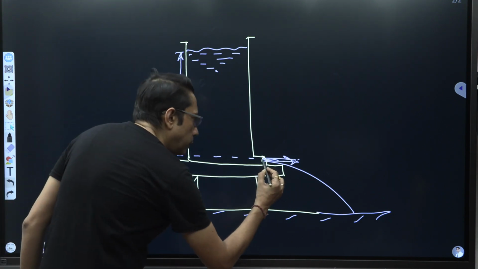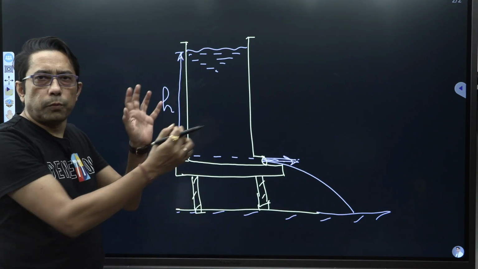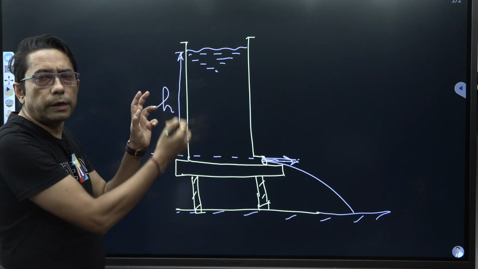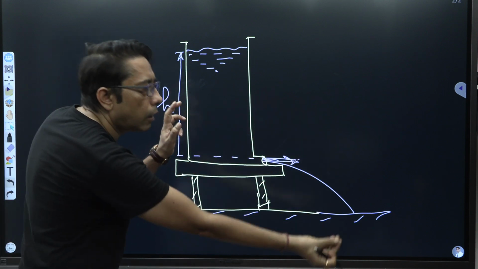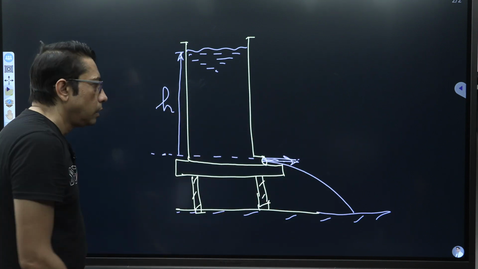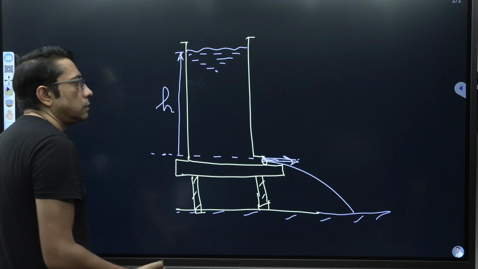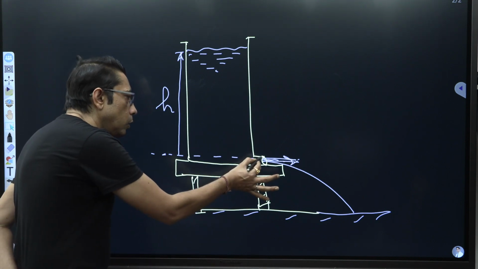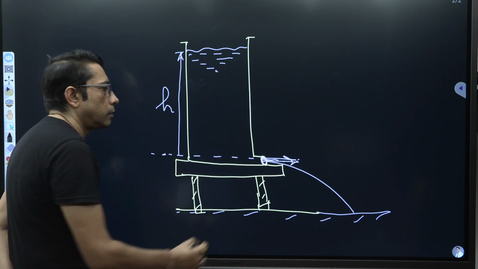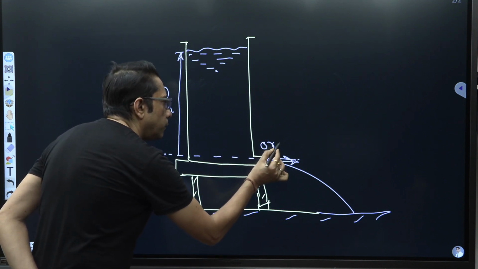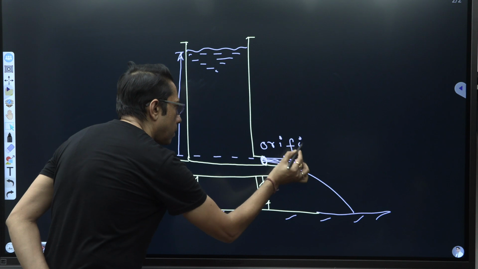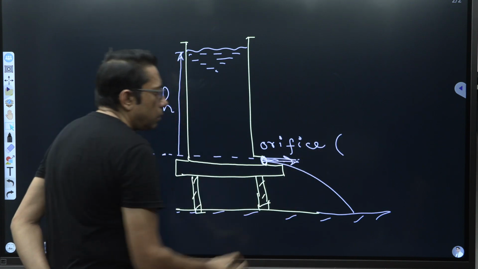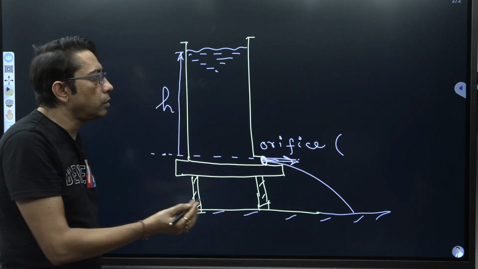So it will flow like this, just common sense. If you prick a hole in a mineral water bottle, you see water coming out like this, just the same thing. This hole at the bottom of this container is called an orifice. So any hole made at the bottom is an orifice.